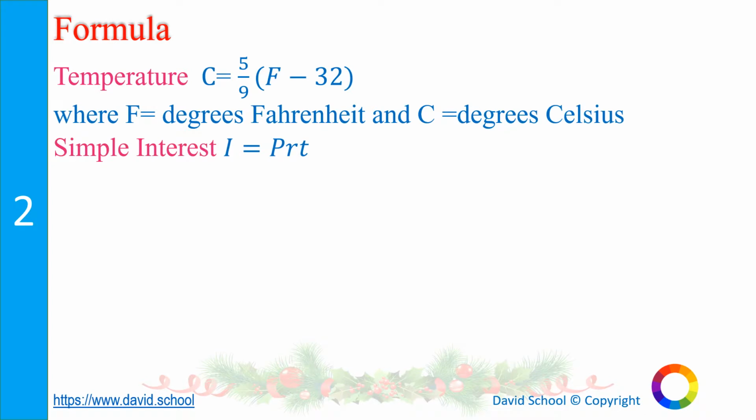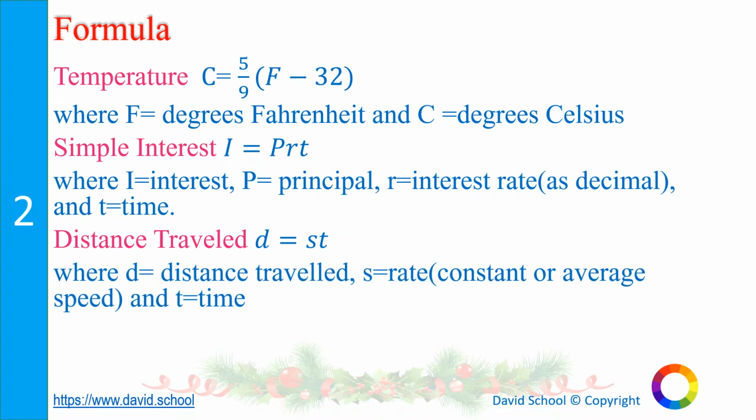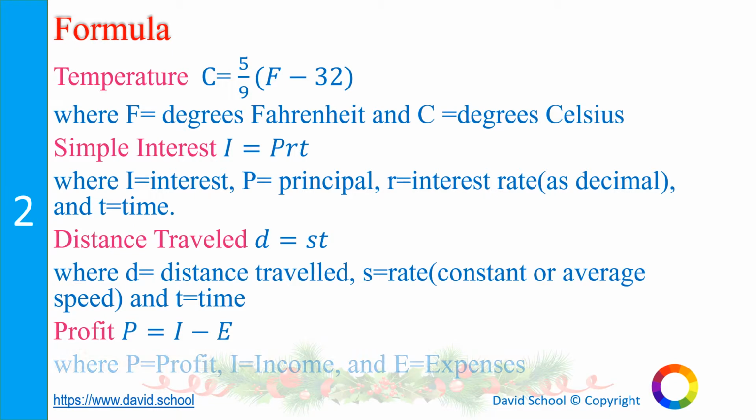We have the simple interest formula I equals PRT, where R is the rate of interest, P is the principal, and T is time. We have distance traveled, D equals ST, where D is distance traveled, S is the constant or average speed, and T is time. And profit is income minus expense.